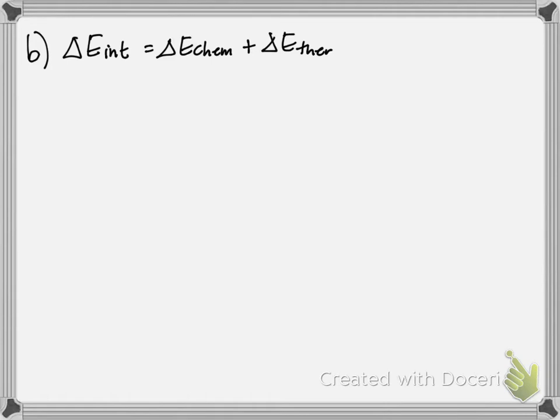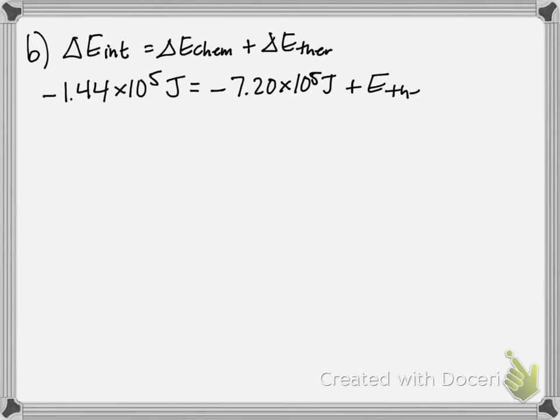So how does the internal energy change? Well, the rower's internal energy decreases, so we have a minus 1.44 times 10 to the 5th joules on this side. We're told that the rower delivers 7.2 times 10 to the 5th joules of chemical energy. If they're delivering that much energy, then their energy is decreasing by that much. And then plus we have the thermal energy here. So how much is that rower heating up?